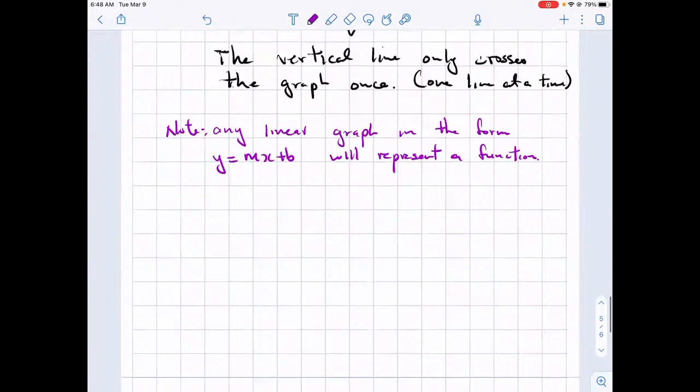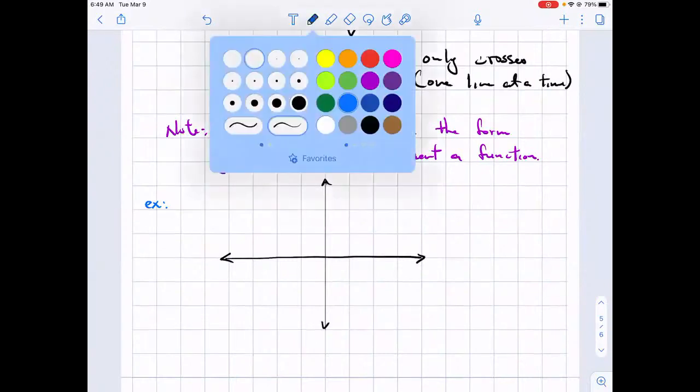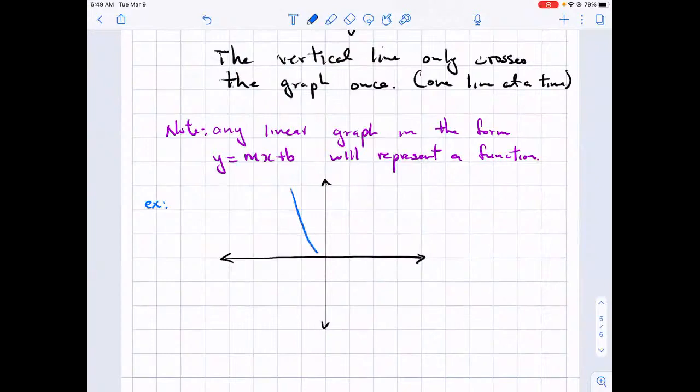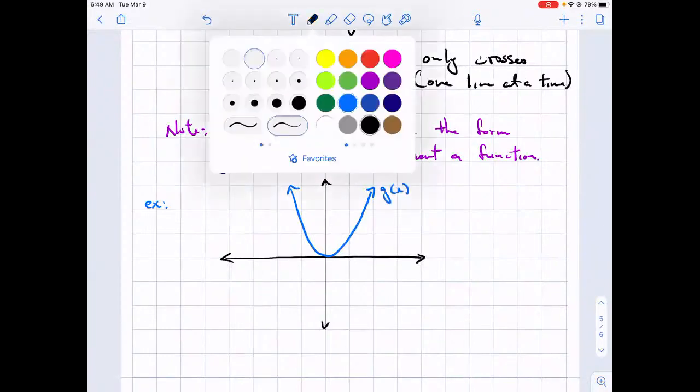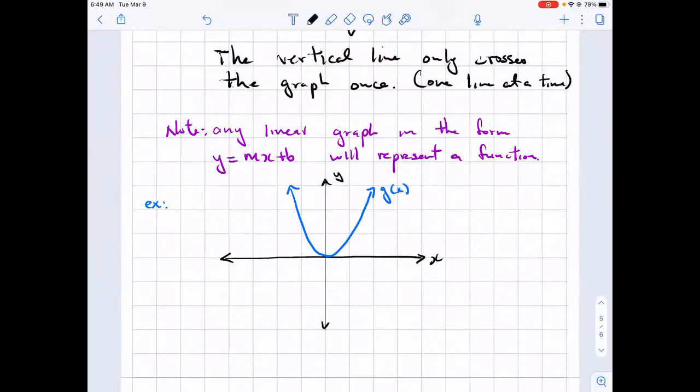If we look at other examples, okay, so let's look at another example. Let's look at the graph that looks like this. So this is some function g of x. Here we have the x-axis and the y-axis.